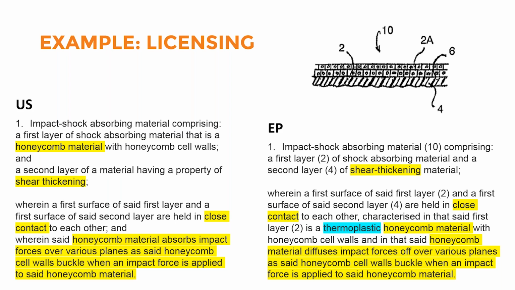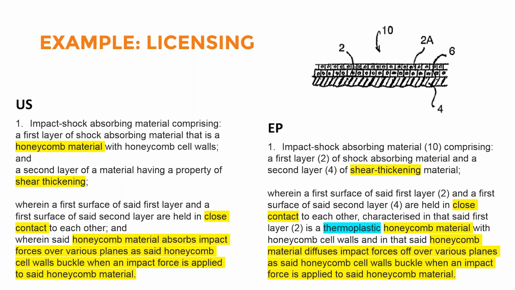And that might be the end of the discussion unless I start to look at, well, how does that claim coverage actually look when I'm comparing the US one that I've analyzed and the foreign ones that I haven't gotten into. And if I take, for example, the EP patent, the granted EP patent, it looks really similar. It's got the shear thickening material. It's got the honeycomb material. It's written in a little bit of a different way because it's more of a European claim style.